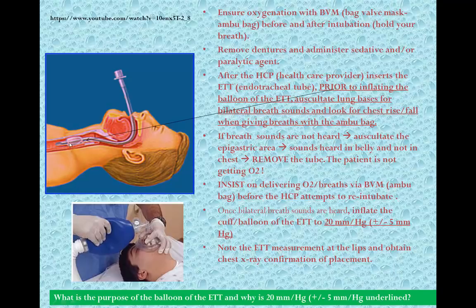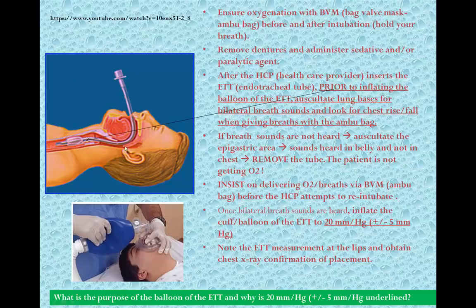It is supposed to go into the lungs. Behind the trachea is the esophagus. So the tube is going to go into the lungs. It is going to sit above the carina, which is where the right and left main stem bronchus bifurcate or switch to go to the right and left lung.